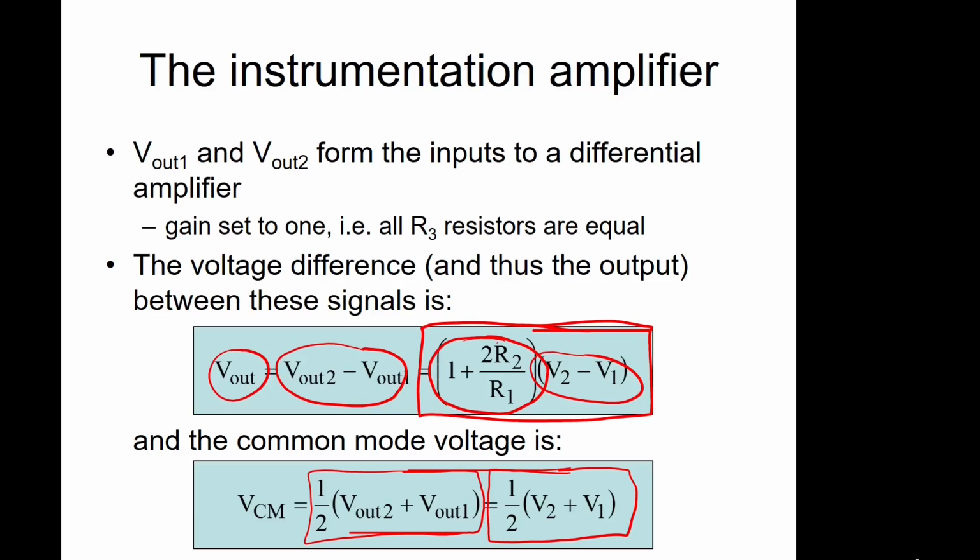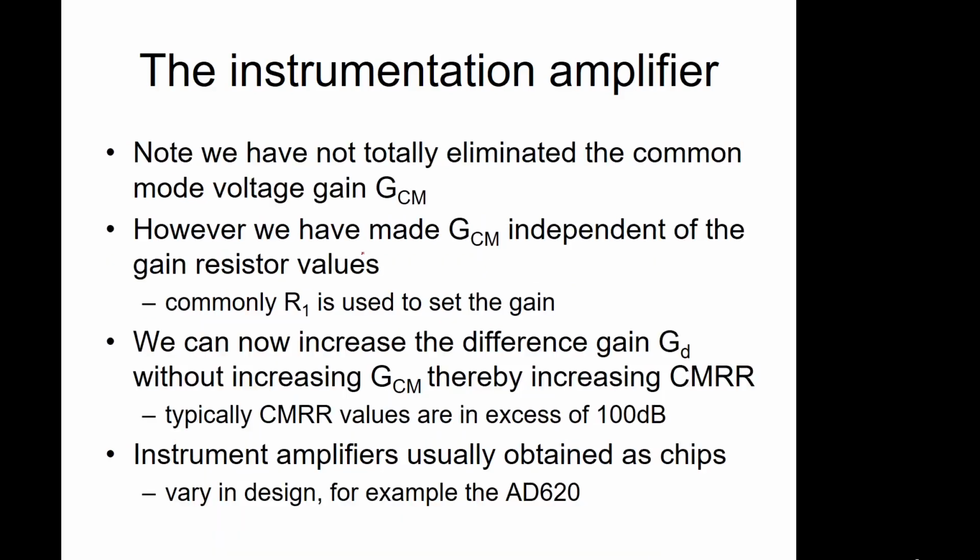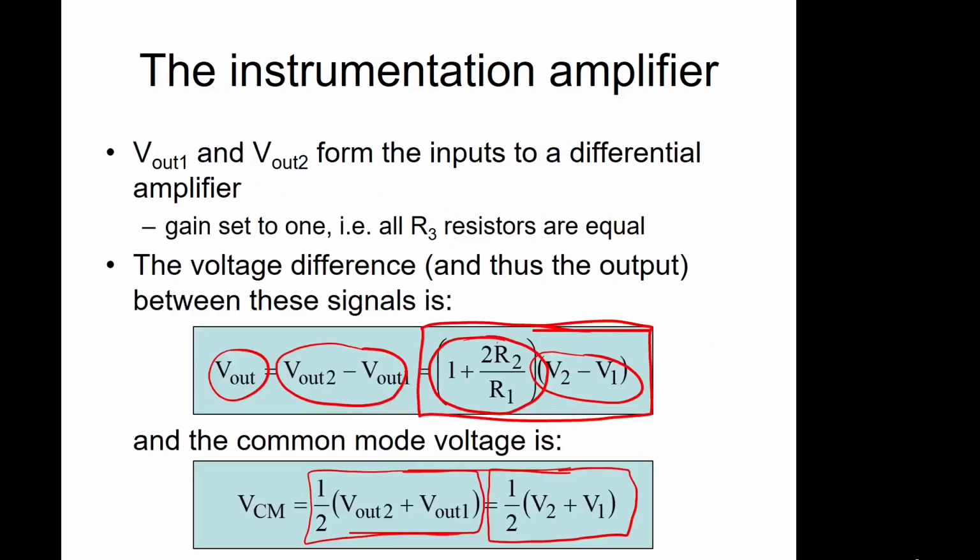So in that scenario, the subtle difference to the difference amplifier in this case is that we have made the common mode voltage gain a constant value, where our difference gain is related to the values of the resistors. So we can control our difference gain by setting appropriate resistor values.